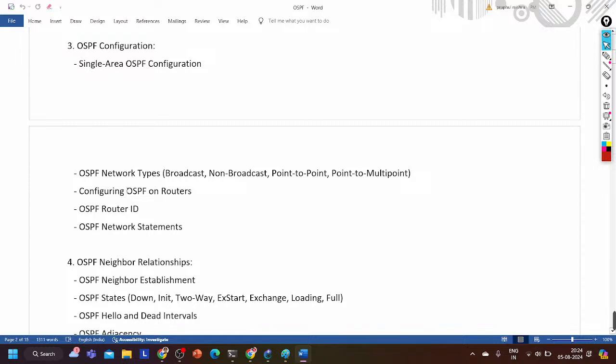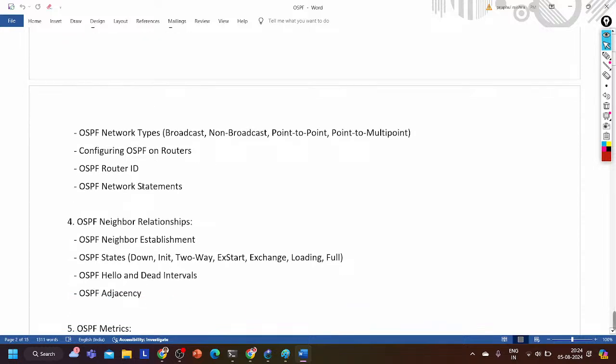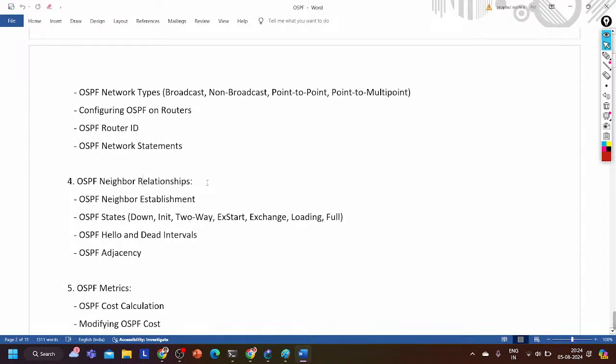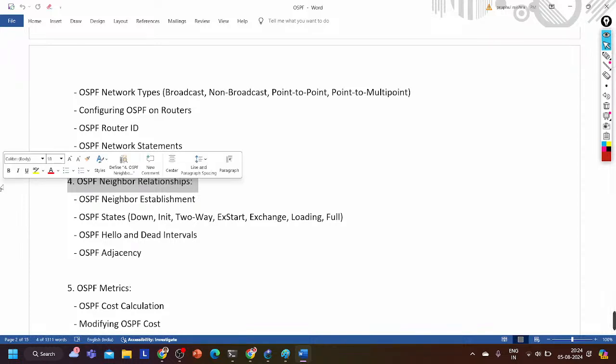Then configure OSPF on router, configure OSPF router ID. What is router ID? Then OSPF network statements, OSPF neighborship. Neighbor relationship means again parameters, like in EIGRP. What are the parameters, guys, for neighborship? What are the neighborship parameters in EIGRP?